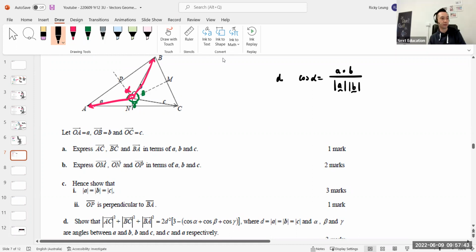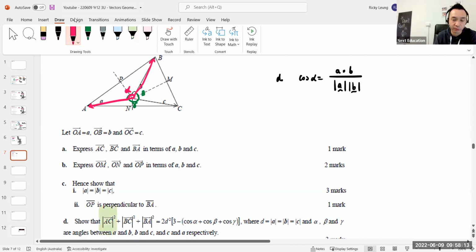Okay, now that doesn't look very useful. But what I do know is, oh, that's right, because it's telling me to use the AC magnitude.